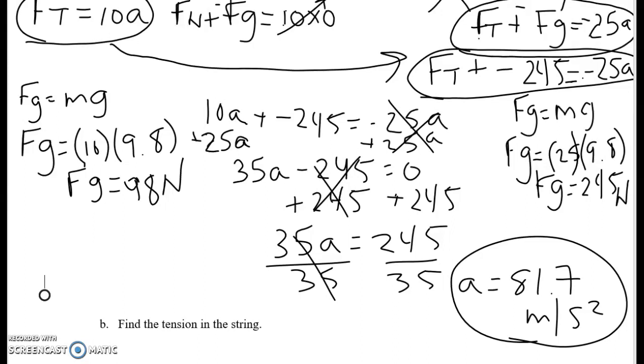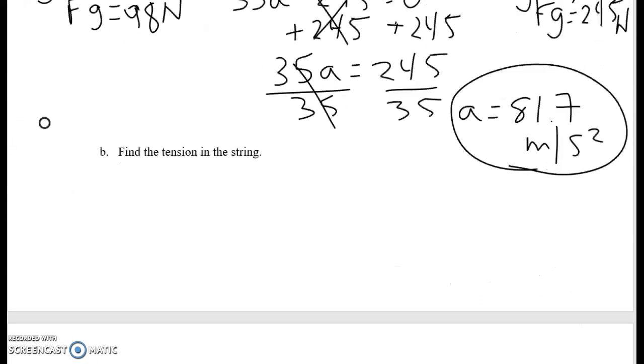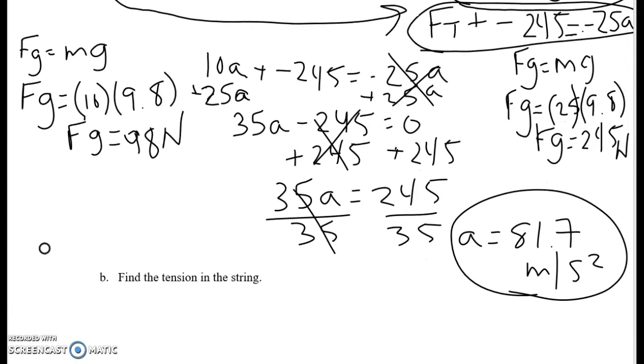Okay, so after I figure out the acceleration, we call that a substitution. After we do that, I'm going to find the tension in my string. It doesn't matter which equation I use, I'm going to pick one of my equations for tension, because it's one string and the tension is going to be the same in both.